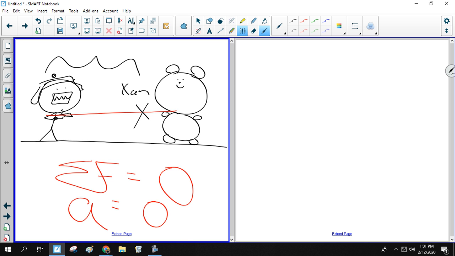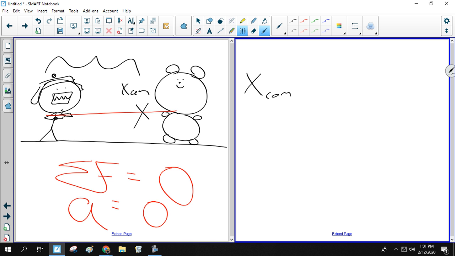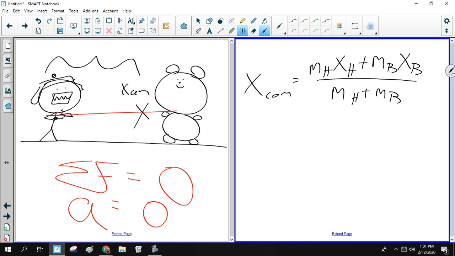Well, usually it's the mass of the hunter times the position of the hunter plus the mass of the bear times the position of the bear, over the mass of the hunter plus the mass of the bear, and solve it. Follow? That's it. Good? Questions on it?